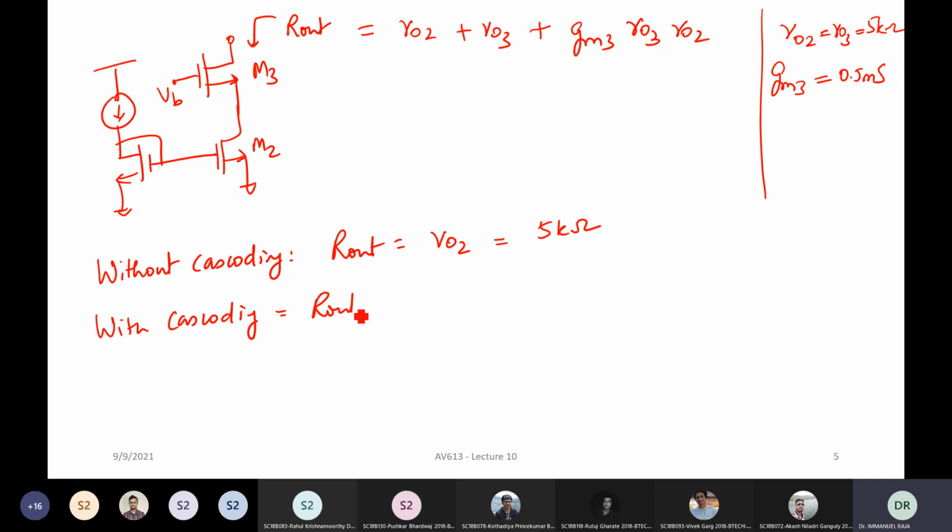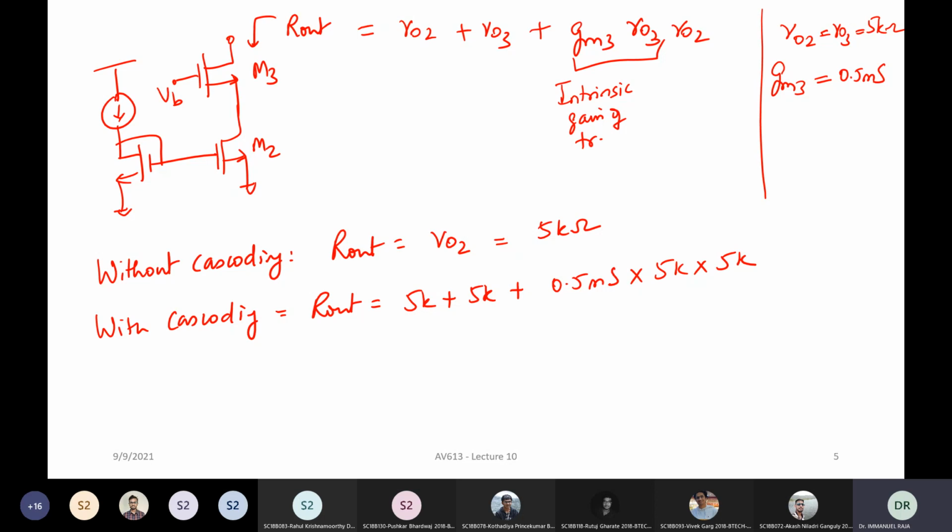Now, with cascoding, what happens? You have your R out equal to 5K plus 5K plus GM, which is 0.5 millisiemens, into 5K into 5K, right? You have a multiplication of, in other words, you can say that this GM3 R03 is sometimes called the intrinsic gain of the transistor.